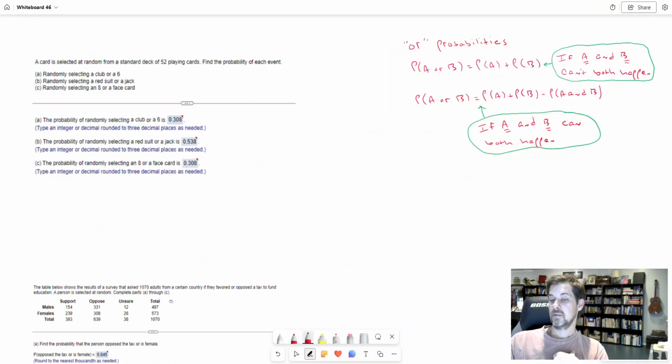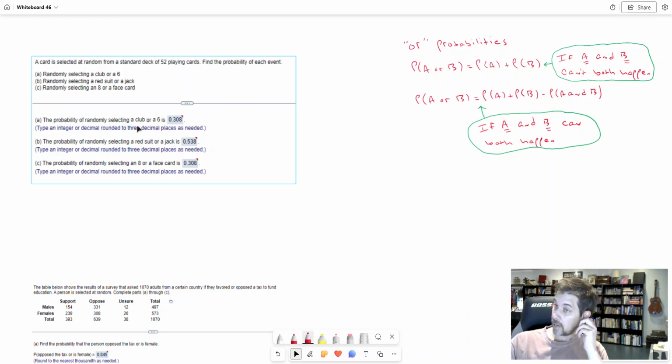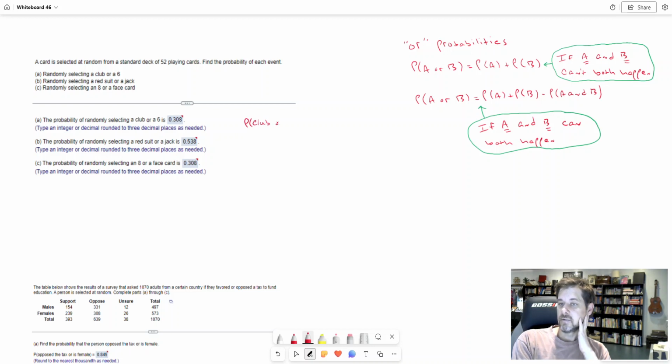Okay? So could both of these events happen? Like, could you draw a card and it's both a club and a six? Yeah, I mean, both of those events could happen at the same time. So we would be using this second formula. So if I do this first problem and say, what's the probability of a club or a six?